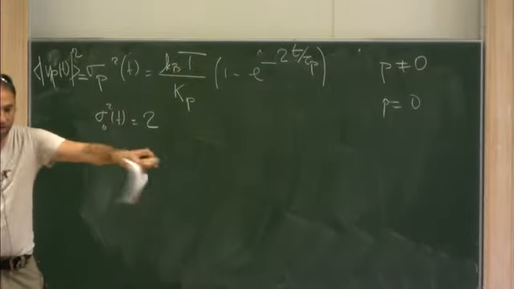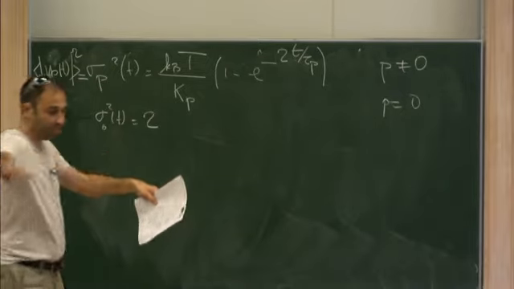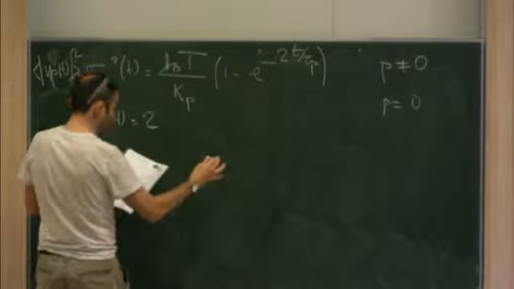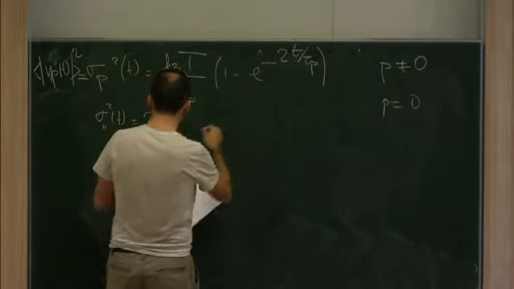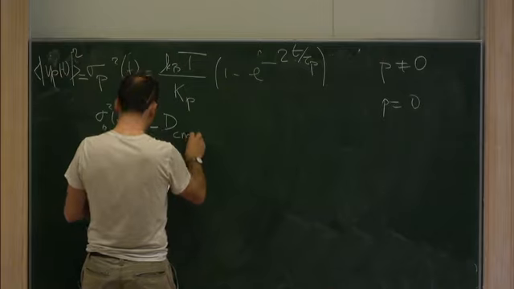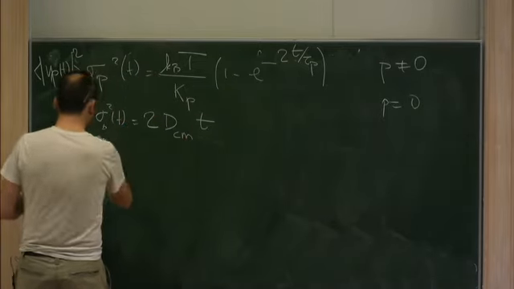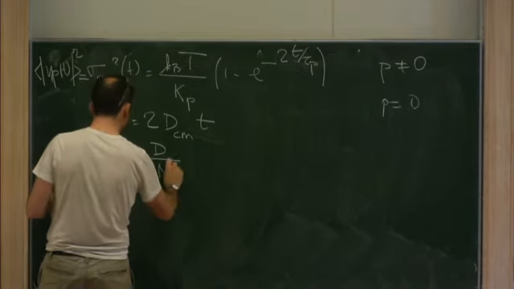So you don't care about the polymer because you look at the motion of everything together, which is like Brownian motion, except that the diffusion coefficient, when you have n beads connected, is going to be d divided by n. So d center of mass is d divided by n.